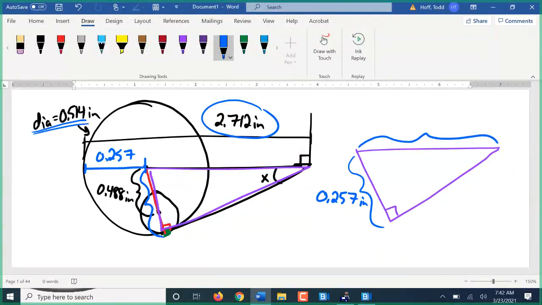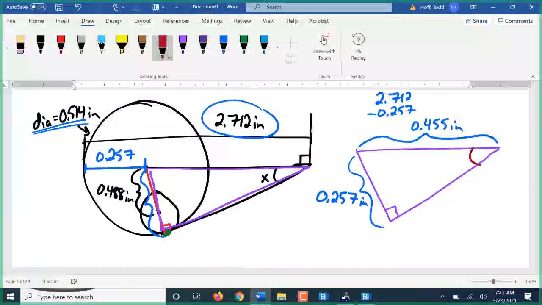And so if we subtract that, 2.712 minus 0.257 gives us 0.455 inches here. Find this angle X. Excuse me.